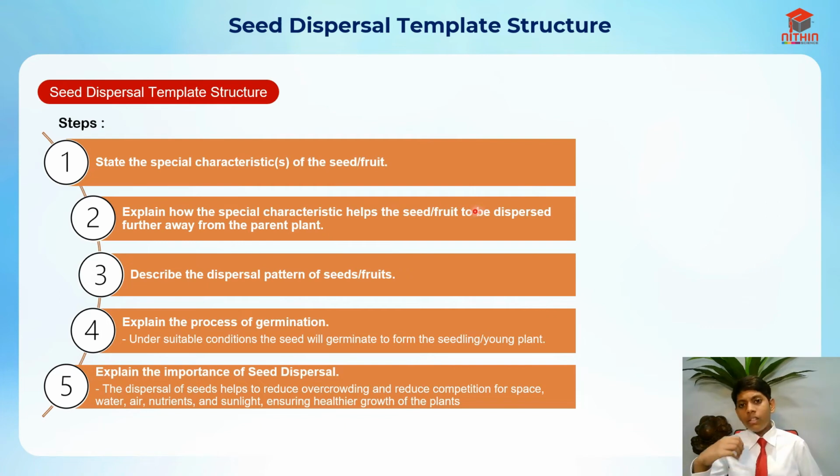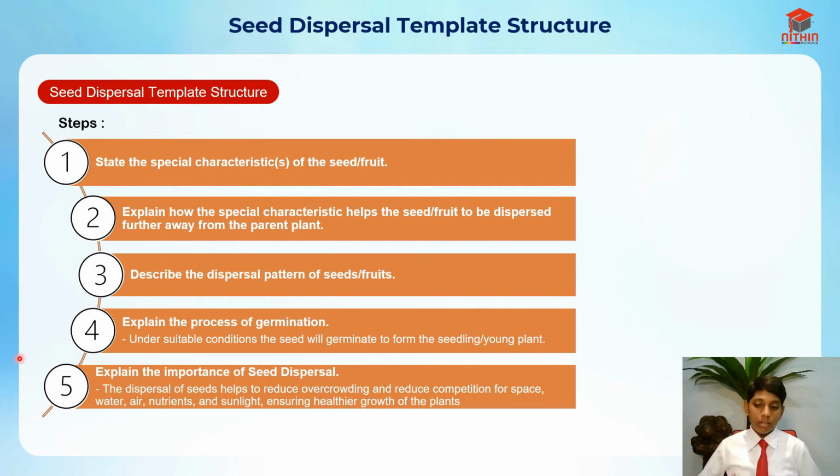And for the third step, we have to describe the dispersal pattern of the seeds or fruits, basically whether they are randomly scattered or clustered together, going in the wind direction, or found on the land, basically following the river current or water body's current.